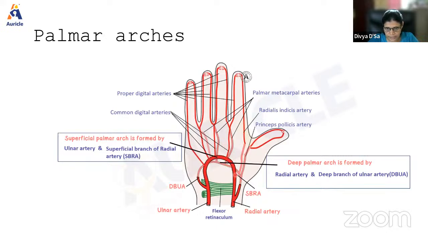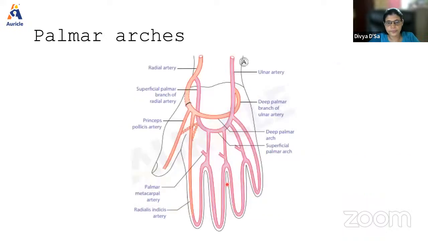The arch is completed laterally by anastomosing with one of the branches from the radial. Here, the lighter color is the superficial palmar arch. On this side, it is completed by the superficial palmar branch of the radial artery, or by a contribution from the Princeps pollicis artery, or by the radialis indicis artery.